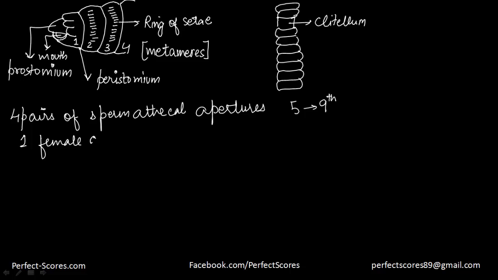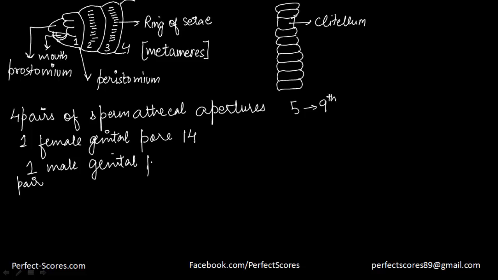Then there is one single female genital pore, one female genital pore that is there in the entire earthworm, and that is present in the midventral line of segment number 14. One pair of male genital pores is there, present on the ventrolateral sides of segment number 18.